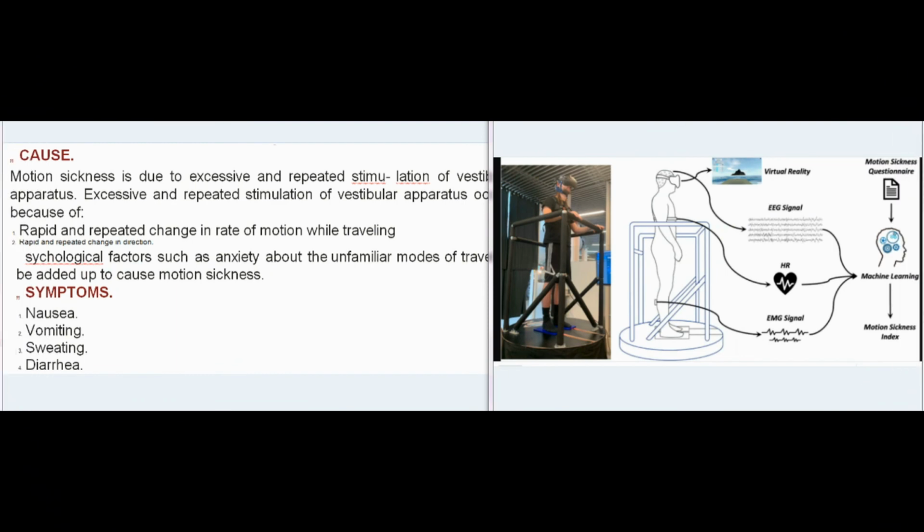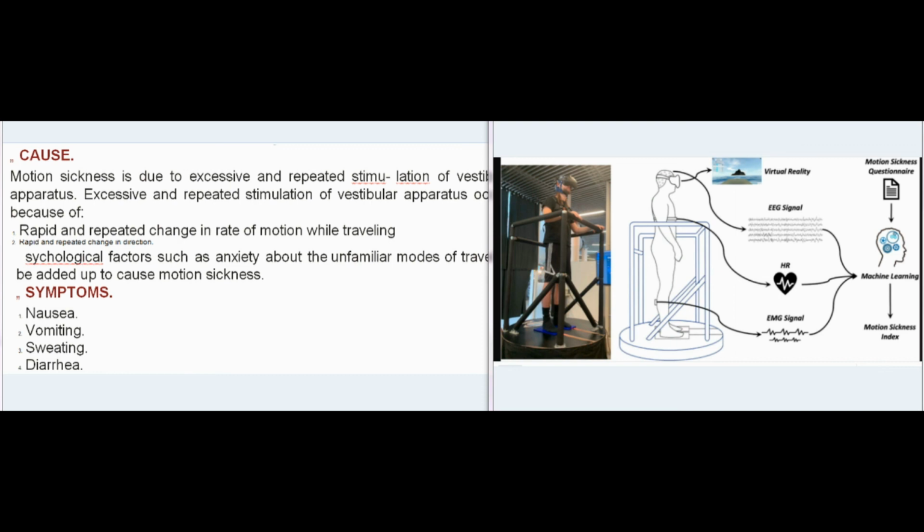Cause: motion sickness is due to excessive and repeated stimulation of the vestibular apparatus. This occurs because of rapid and repeated change in rate of motion and in direction while traveling. Psychological factors such as anxiety about unfamiliar modes of travel may be added to cause motion sickness.